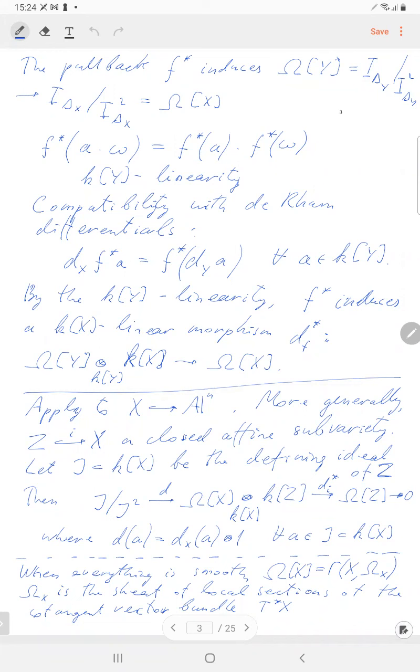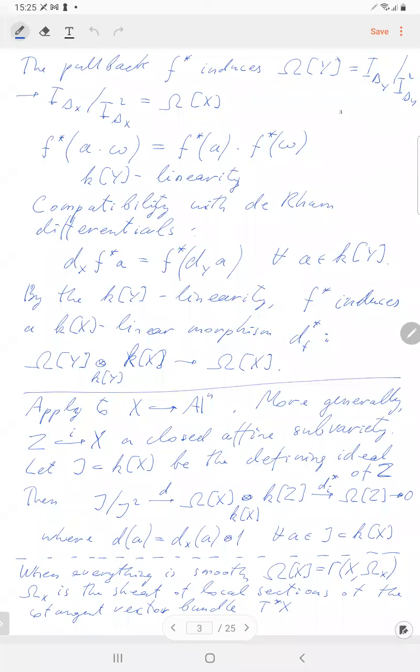Speaking about embedding, here we are only considering the closed embedding from Z to X. But up the page we see just usual f, a map from X to Y, and this f is an arbitrary map.